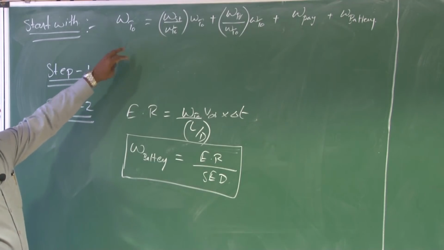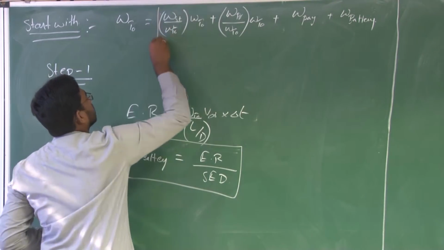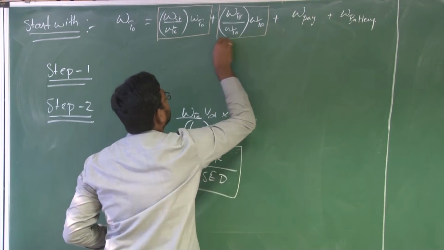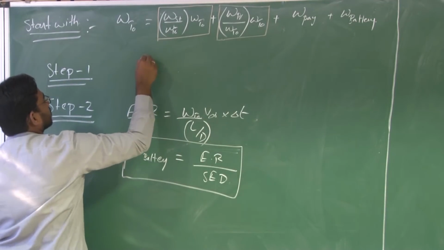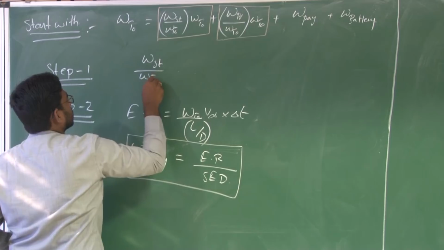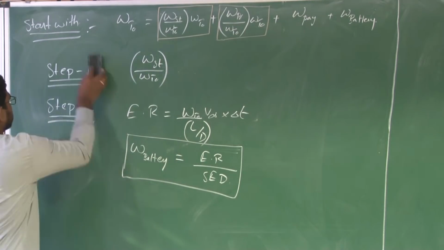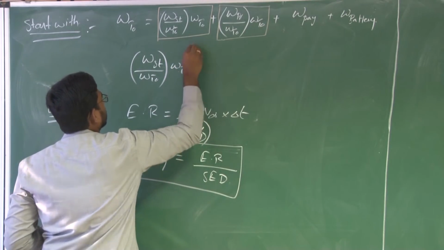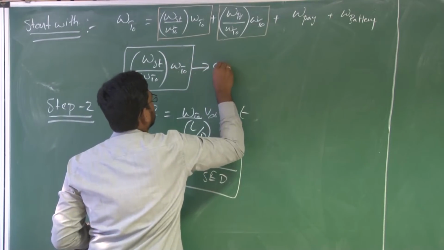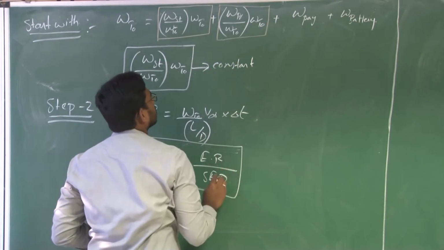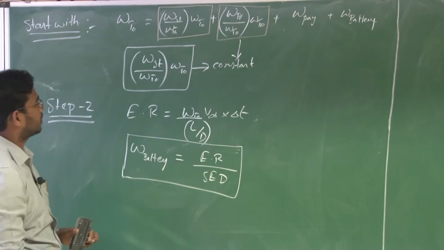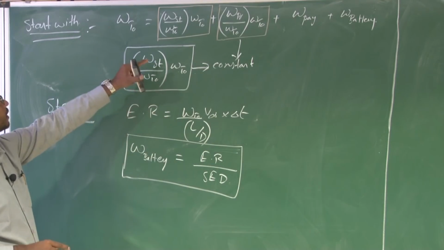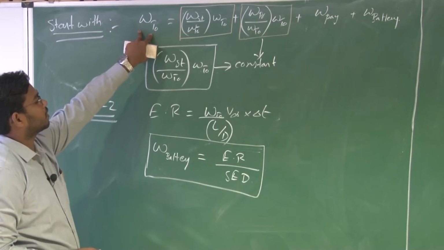You start with this equation and consider these as constants, which are effectively constant, right? From the historical data, these two are constants. So you have W takeoff weight.